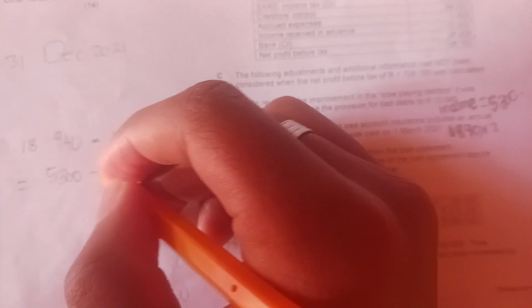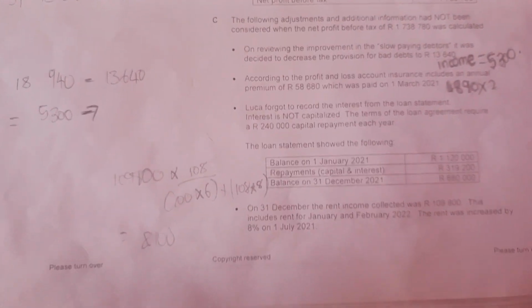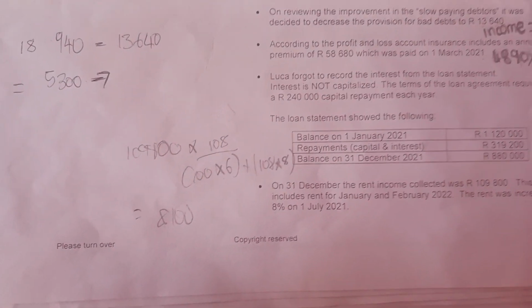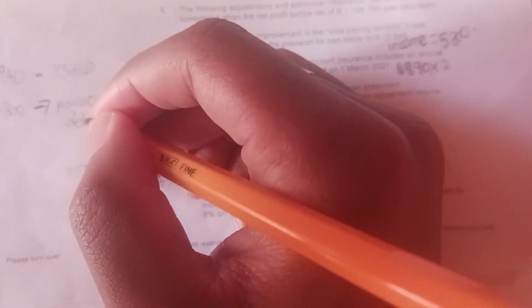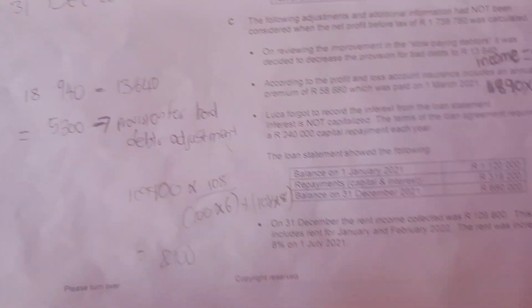This is an income because you're making a lesser provision for the money you're not going to get from your debtors. Hopefully that makes sense. So this is a provision for bad debts adjustment. Hopefully you guys understand.